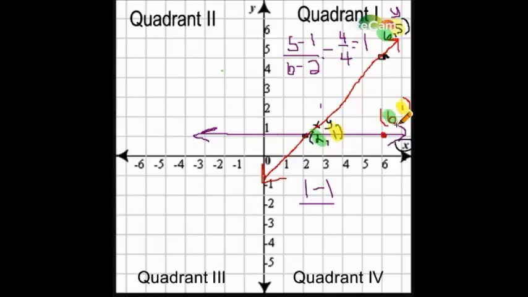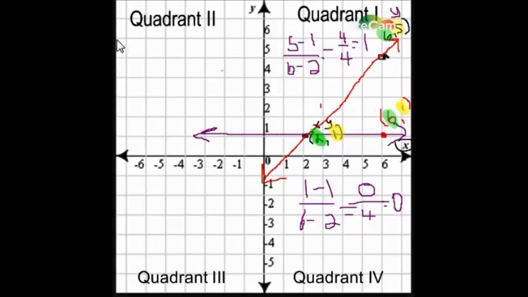And here I have 6 in my x, and I have the 2 over here. 6 take away 2. So my slope is 1 take away 1 is 0, and down here, 6 take away 2 is 4. My slope is 0, because any number with a 0 on the top is 0. I have 0 slope.